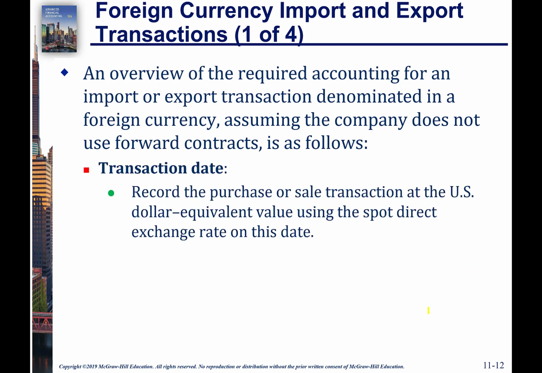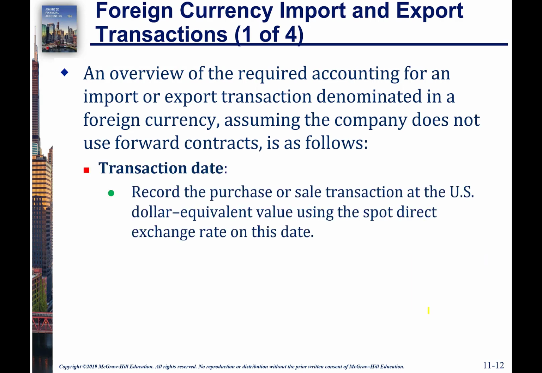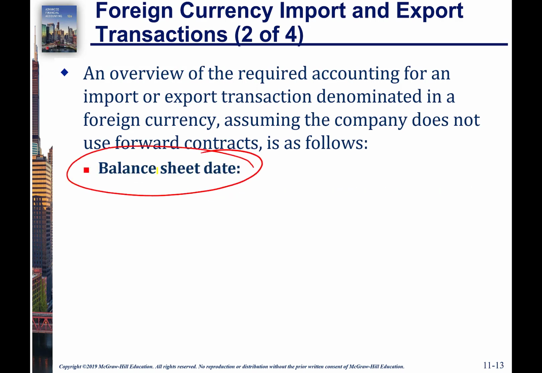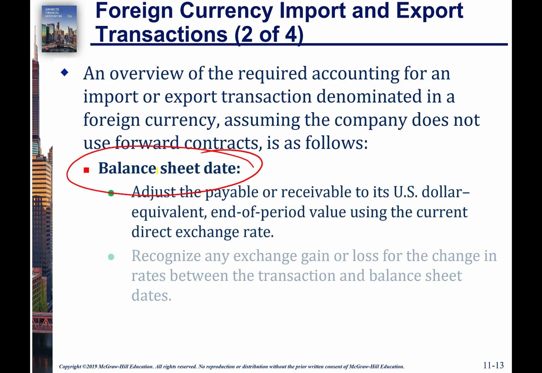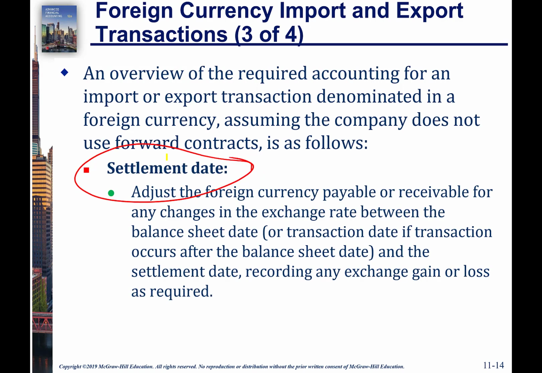And these fluctuations between these dates, let me circle it, the transaction date, the balance sheet date, and the settlement date, will all generate foreign currency transaction gains and losses. They will simply be reported on the income statement.